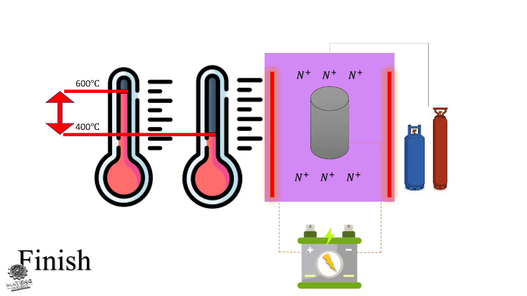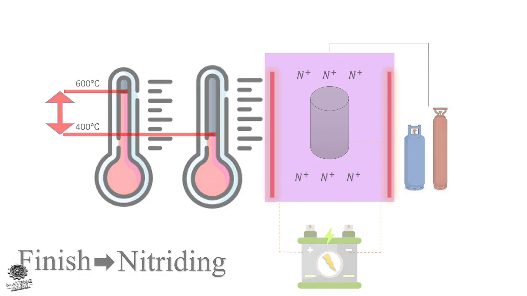Therefore, prior to plasma nitriding, the workpiece should be fully heat treated, machined to final dimensions, and stress relieved. Otherwise, residual stresses may be released during the process, reducing dimensional accuracy of the final component.